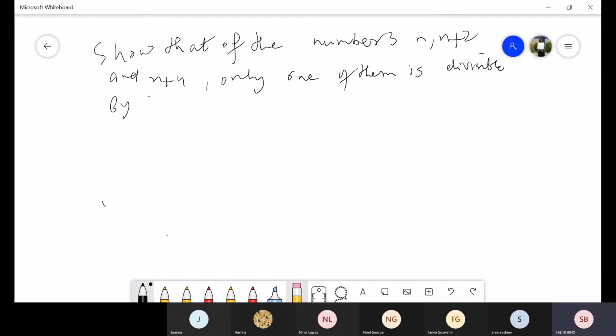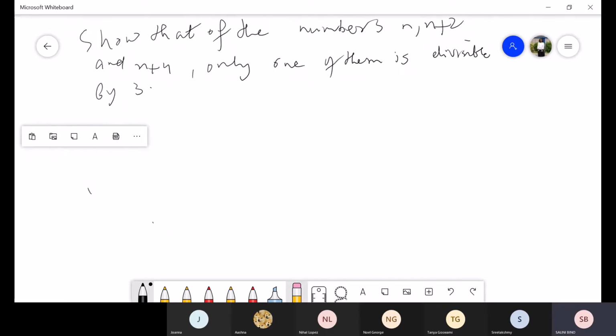So if the question comes like this, the method will be the same. I will write and show you. You are given the numbers n, n plus 2, n plus 4, and we have to prove that only one of them is divisible by 3.